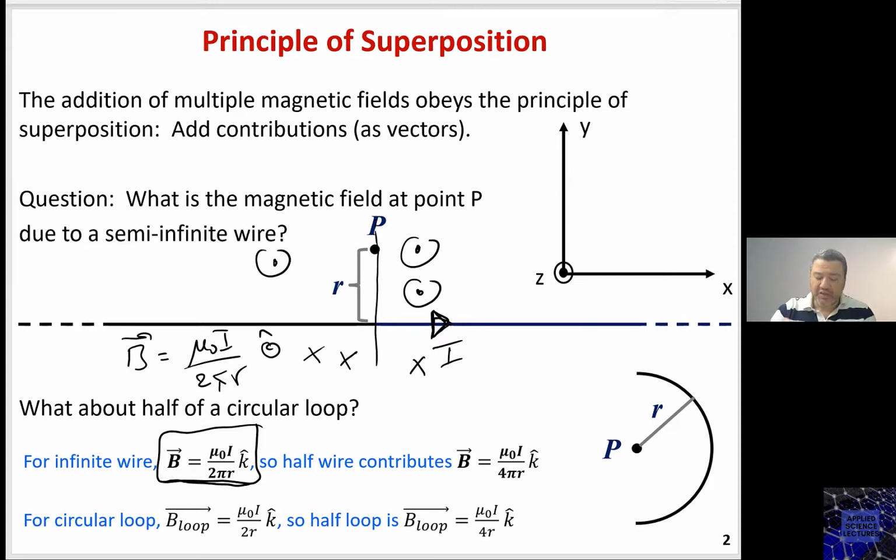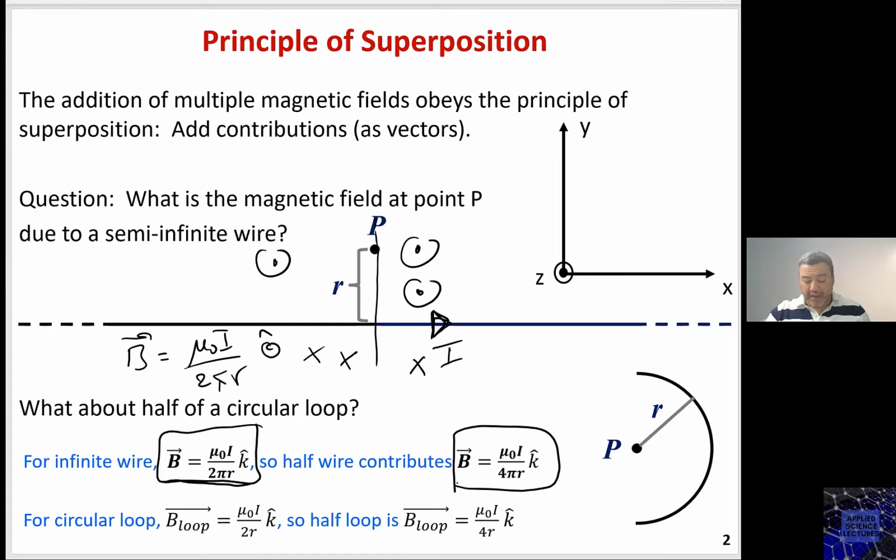So the magnetic field is always perpendicular to the XY plane, since the wire and the point are in that plane. That's why the magnetic field for the semi-infinite wire would be half the infinite wire. So here it would be mu naught I divided by 4 pi r, and the direction is going to be the same.